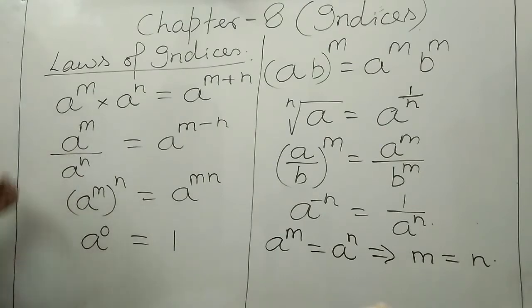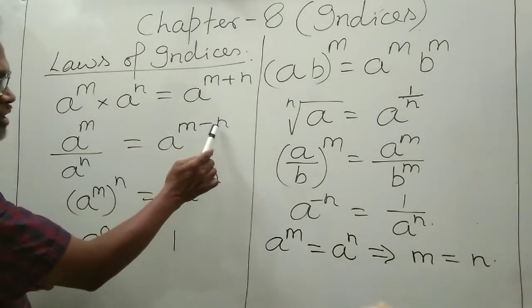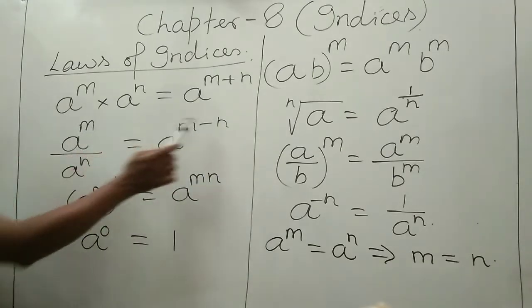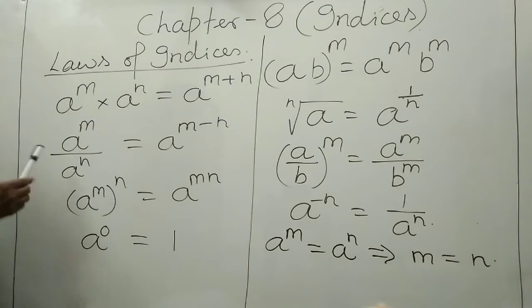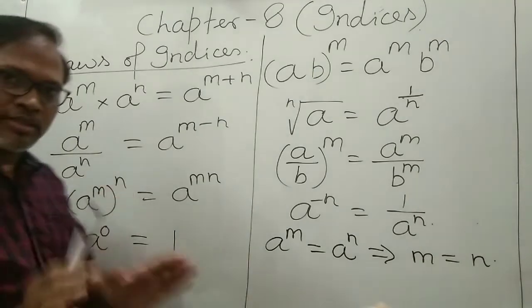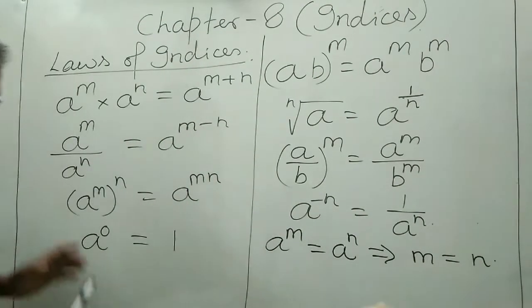Similarly, if you have the division a to the power m upon a to the power n, then the power in the denominator you will write with a minus sign in the numerator, that is a to the power m minus n. But the base should be the same.